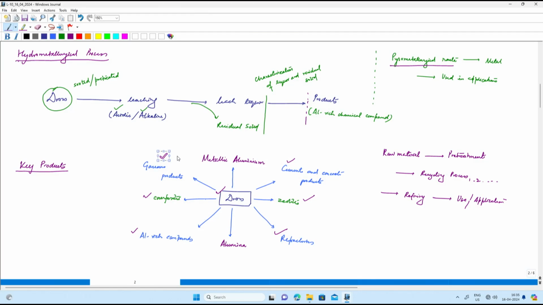And one of the most important aspects is the gaseous products. Recently, it has been seen that important gases like ammonia and hydrogen can be produced using aluminium dross, using various solutions, alkaline and acidic. Again, all of these routes are being investigated. The pyrometallurgical route has been used extensively in the industry, and it's a common method to just take dross and melt it in a furnace and extract the molten aluminium.